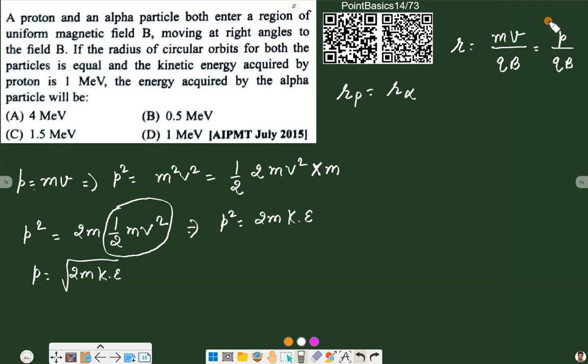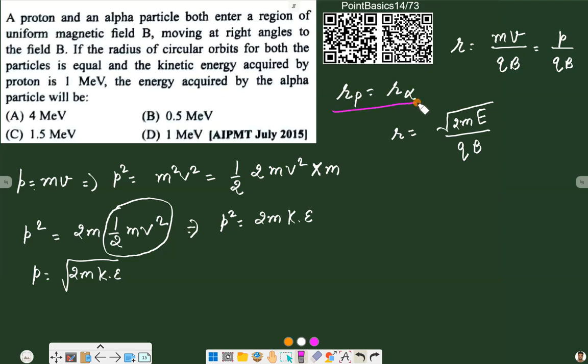So we can substitute momentum by this relation, 2m into KE. So radius comes out to be under root 2m into kinetic energy, and we write kinetic energy as E, divided by charge into magnetic field. Now let's compare for both.